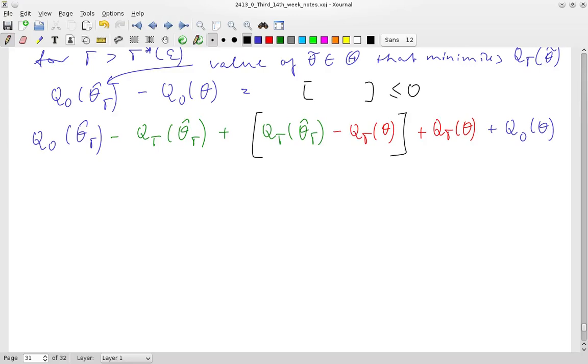So the term in brackets is the term that is less than or equal to 0.